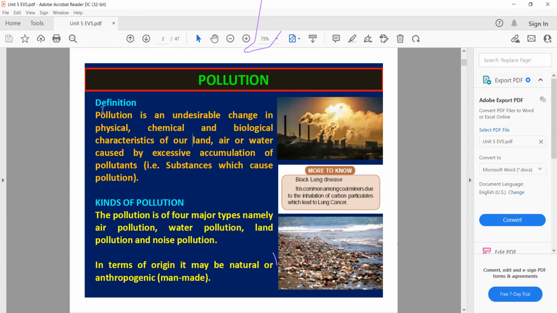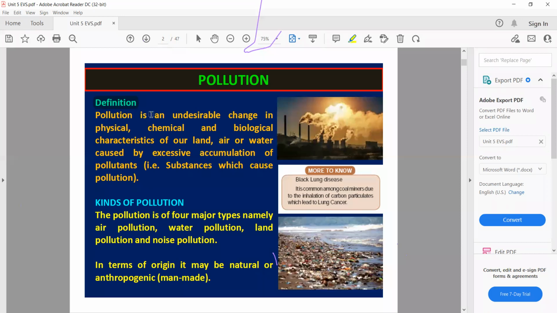So first, you need to know the definition of pollution. The definition of pollution can be asked for 1 mark. Sometimes it can also be asked for 2 marks.